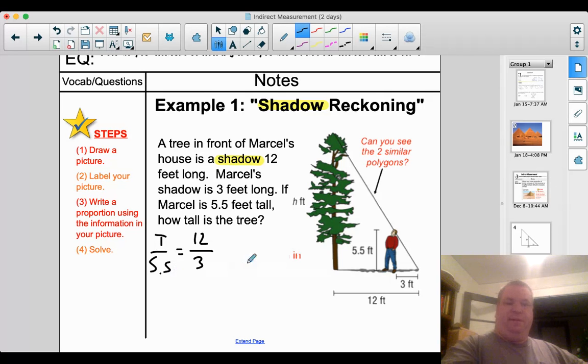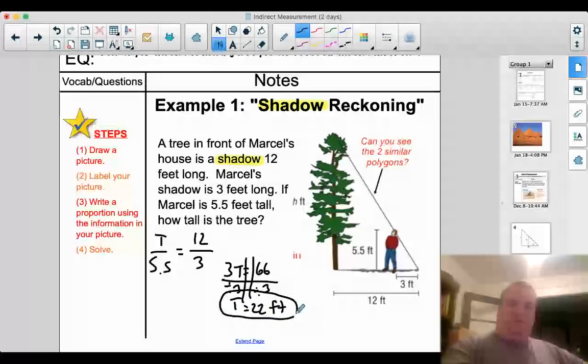Okay, if you don't see that, that's fine. We can just cross multiply: 3t equals 12 times 5.5, which is 66. Divide both sides by 3, and you get t equals 22 feet. So the tree is 22 feet tall in this case, which is what you get if you multiply this by 4. Okay.